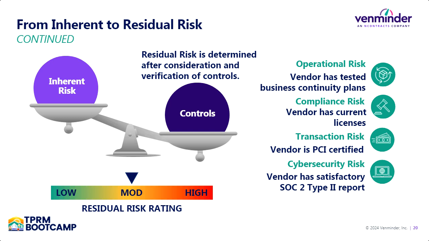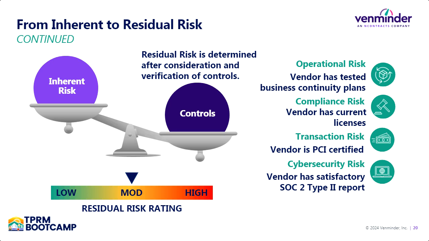That compliance risk is balanced by the fact that the vendor does have current licenses for all the jurisdictions where they're operating, and let's say they also have really great policies and training around regulatory risk for things like the Fair Credit Reporting Act, etc. And the vendor is also PCI certified, so we know they've passed the standard level of control for taking credit card payments.